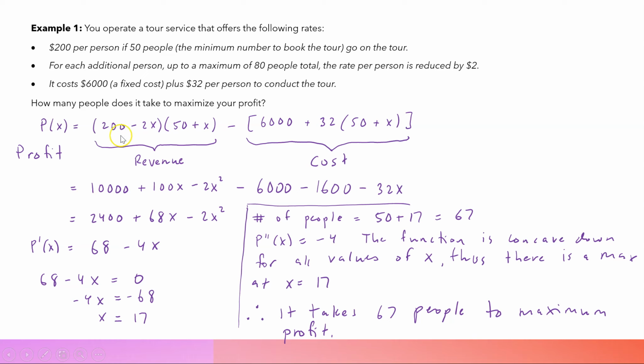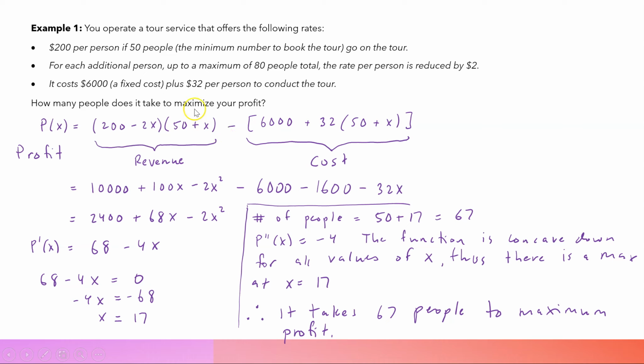Okay, so this is the price for the tour. Now the second part of this expression is the number of people that book the tour. So price per person times the number of people that go on the tour is the revenue.